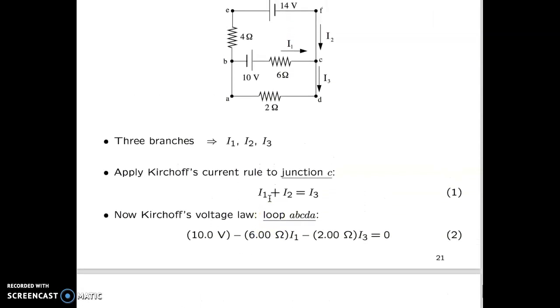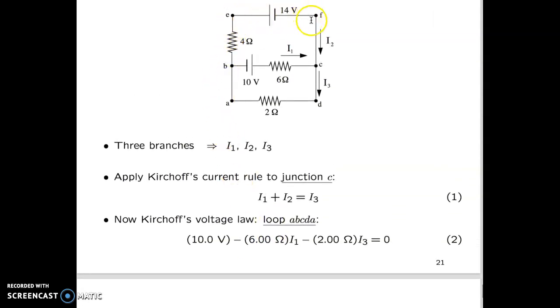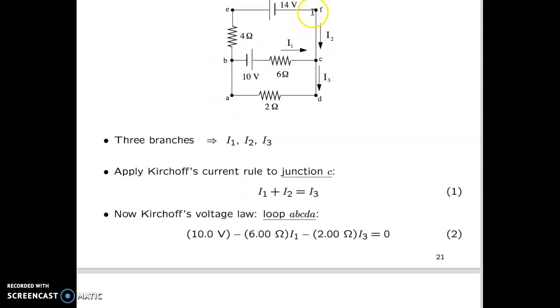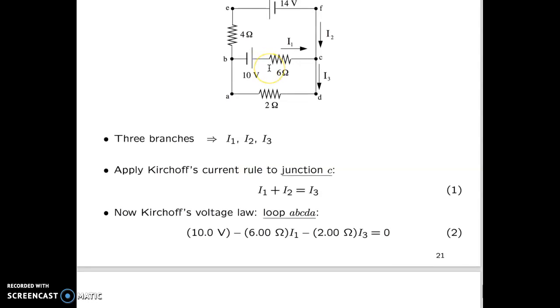Okay, so continuing our walk around this upper rectangular loop, I go from F to C, nothing happens. I go from C to B. Well, I'm crossing a resistor, so potential difference of I times R. Is it positive or is it negative? Look, the current I1 we guessed is flowing to the right. We're walking to the left.